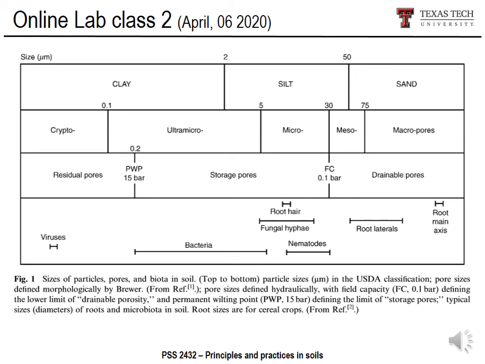According to the soil pore size distribution, you can find some information about the nematodes, roots, bacteria occurring in the soil according to the soil pores, and also what else? The viruses. Okay, it's a very interesting picture scheme to understand the importance of the soil pores, the total porosity, and also the soil pore size distribution. Okay, it's very important.